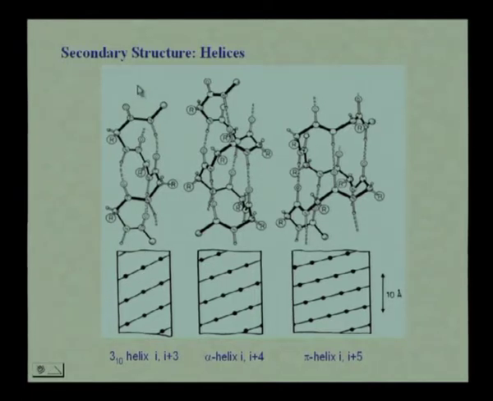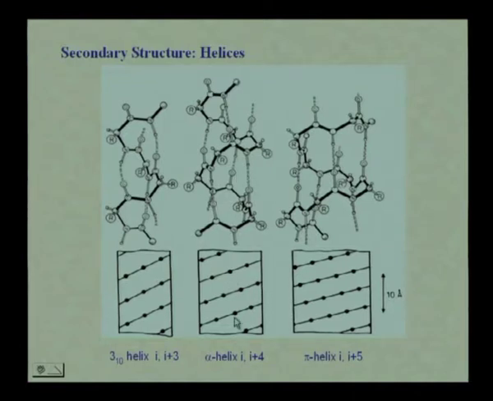In the 3-10 case, it is from I to I plus 3. In the normal alpha helix, it is I to I plus 4, and in the pi helix, which is extremely rare, you have I to I plus 5. Now, the nomenclature for the 3-10 helix can also be written for the alpha helix.